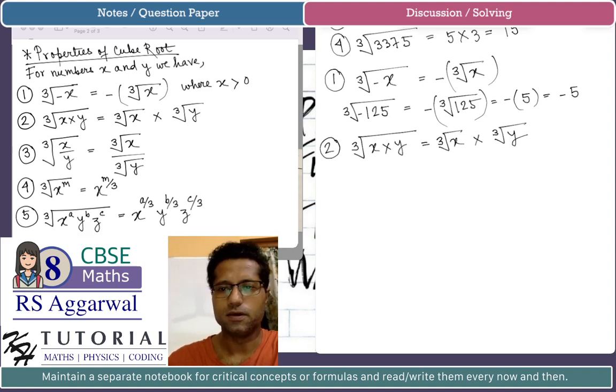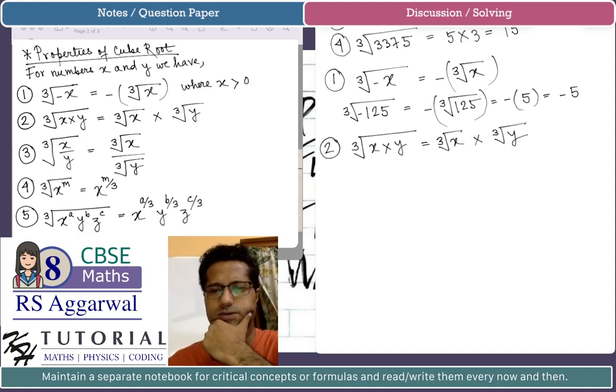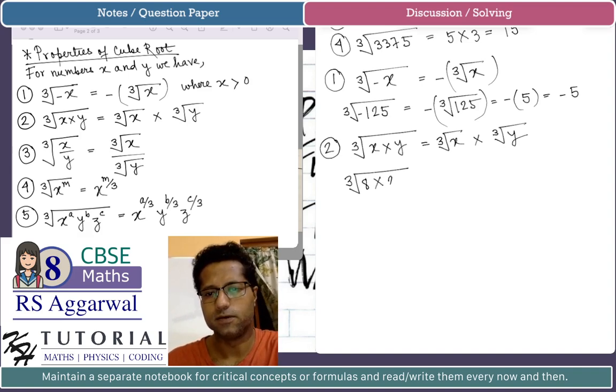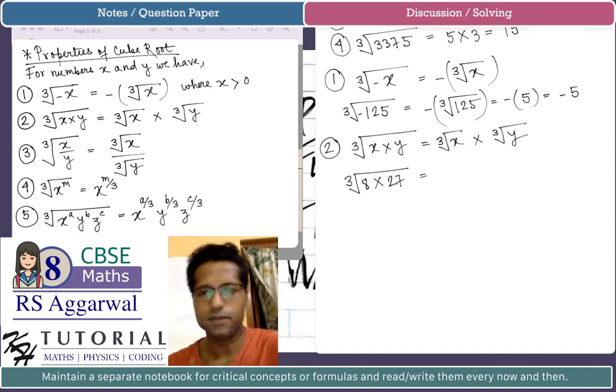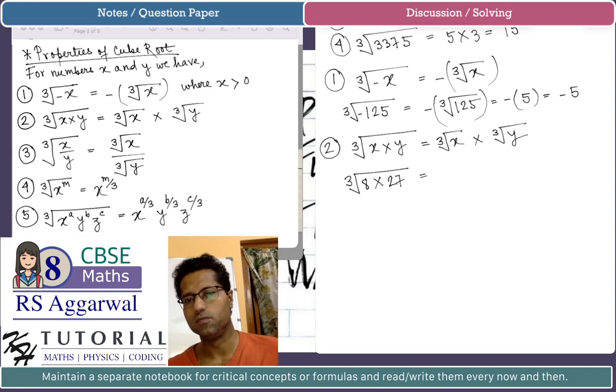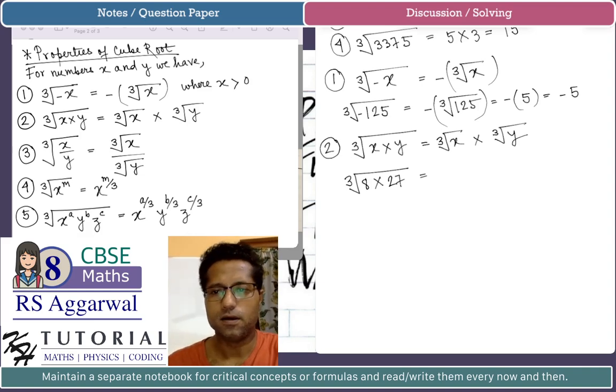Let's see some examples. Let's say the cube root of 8 multiplied by 27. If you are given the form on the left hand side, that is the cube root of x multiplied by y, and both x and y are perfect cubes, then you can express that as a product of individual cube roots.